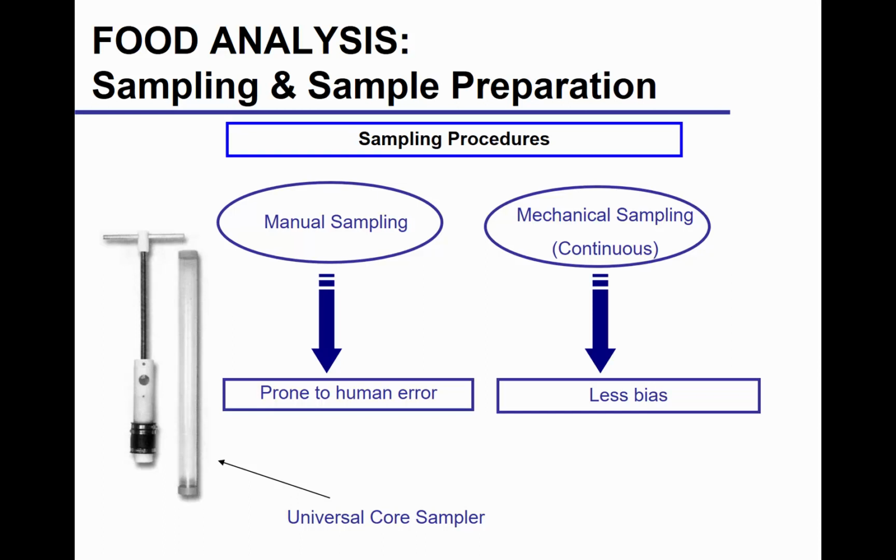That means it's timed, like maybe every 2 hours, the machine automatically picks up a sample, whether it's a can or liquid soup, which you would get in a container before it gets canned. So that would be mechanical sampling. It's continuous, it's less biased, less prone to error.